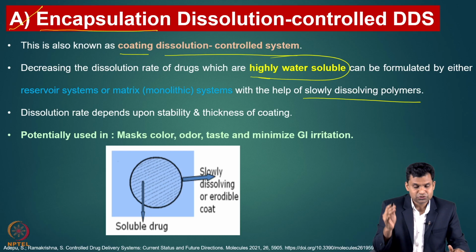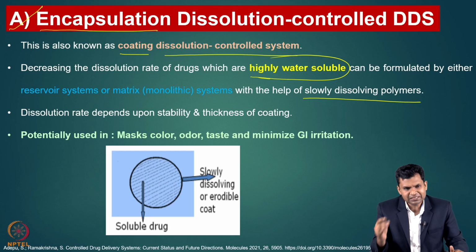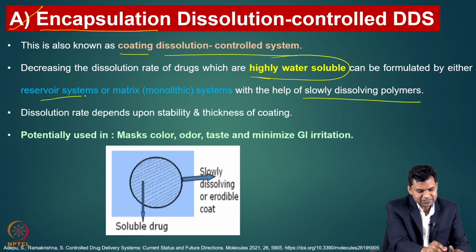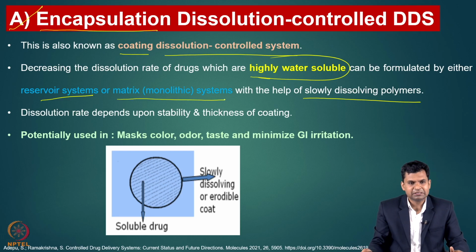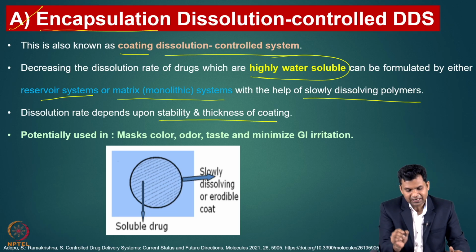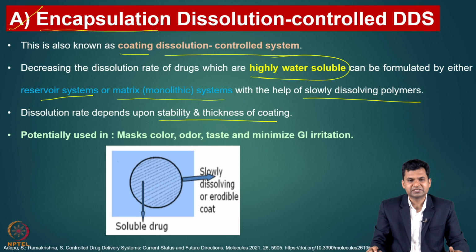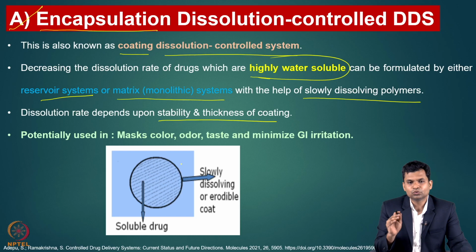As we saw in the case of dissolution control systems, here also we can make the reservoir systems as well as the matrix systems. And this dissolution rate depends on the stability and the thickness of the coating. You can see here this thickness is very important, so your release will depend on the thickness of your polymer.